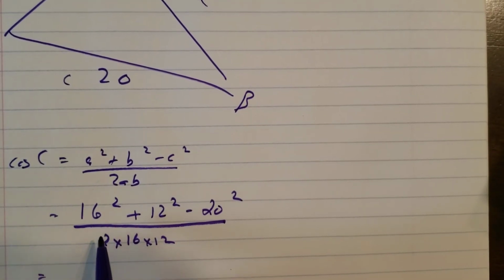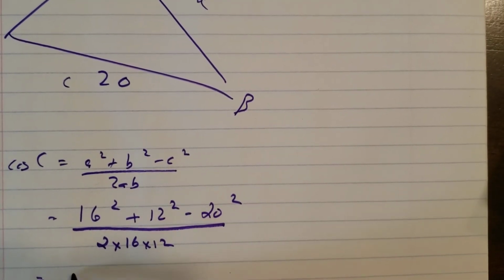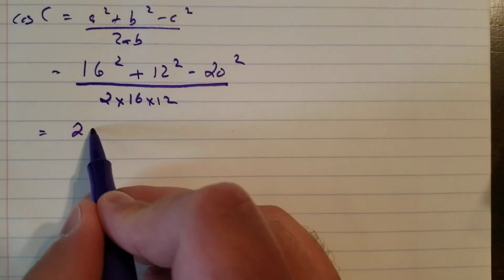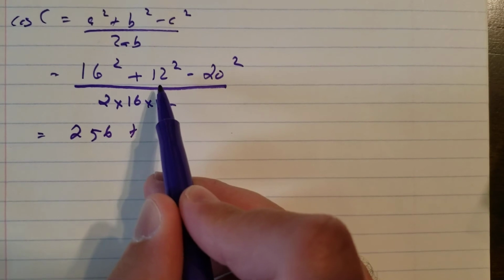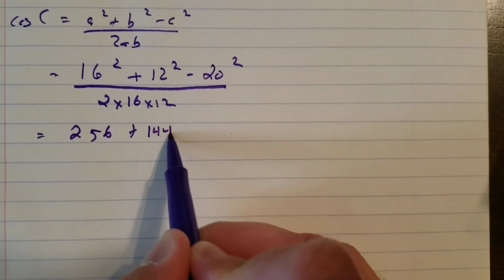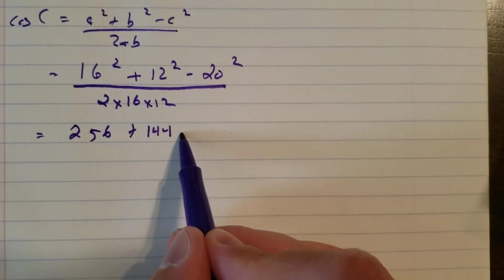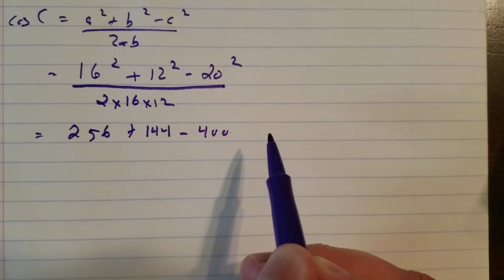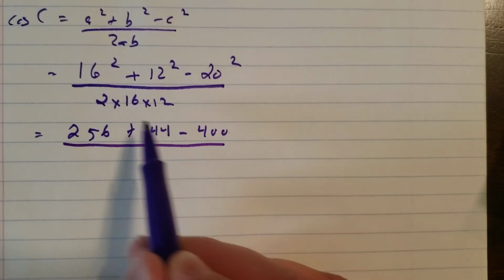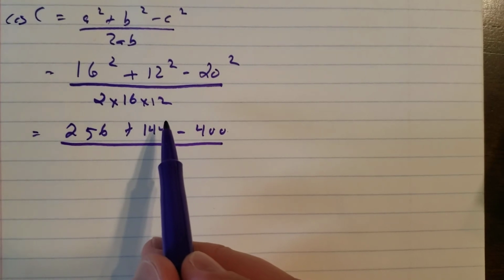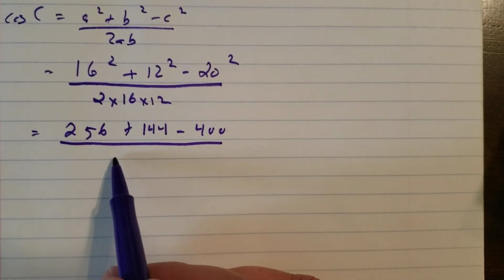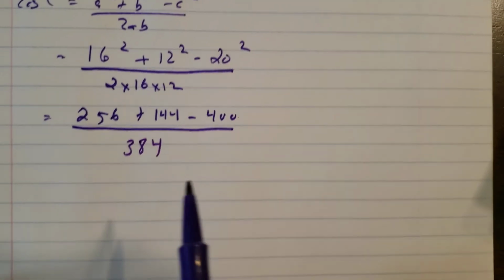So 16 squared, of course, is 16 times 16, which is 256. 12 squared is 12 times 12, which is 144. 20 squared is 20 times 20, which is 400. Okay, over 2 times 16 times 12, so 2 times 16 times 12 is 384.